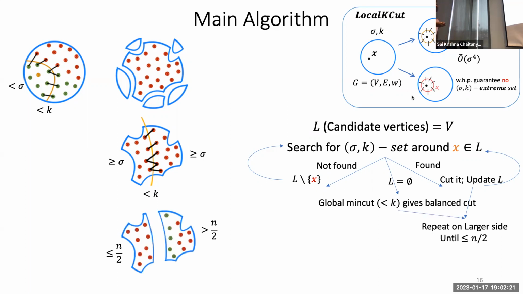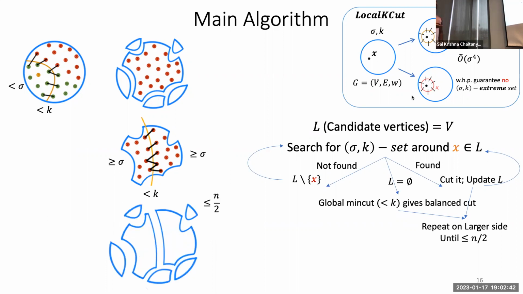And again, because we used the global min cut, we cut, and one side will be less than or equal to n over 2, and the other side is greater than n over 2. Again, we have to recurse on the larger side, and we add the boundary vertices of this cut to the candidate vertices again, because small sigma K sets might pop up around them.